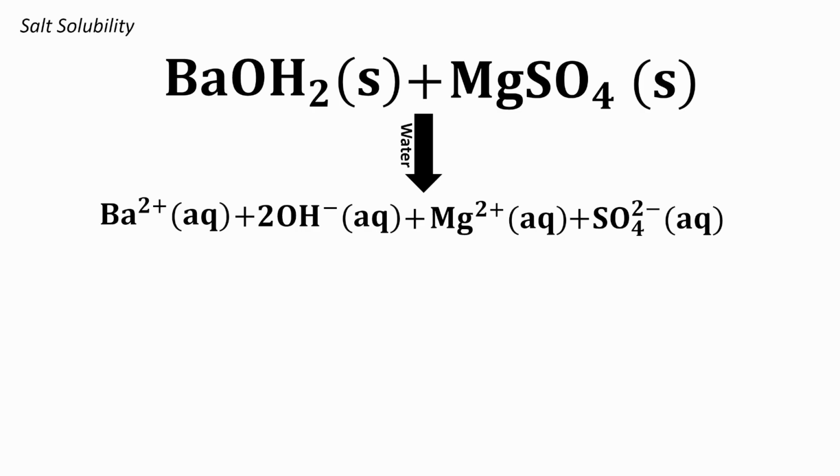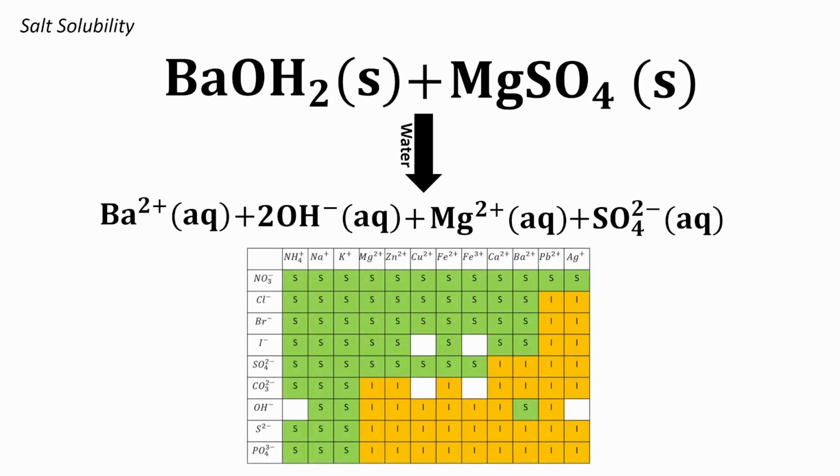The next step is to then check if the cation from the first salt, i.e. barium, forms an insoluble salt with the anion from the second salt, i.e. sulfate, and if we check the salt solubility chart, we can see that they do form an insoluble salt. The next step is to do the same but for the anion of the first salt, i.e. hydroxide, and the cation from the second salt, i.e. magnesium.